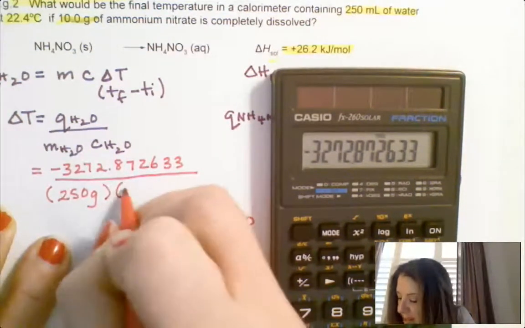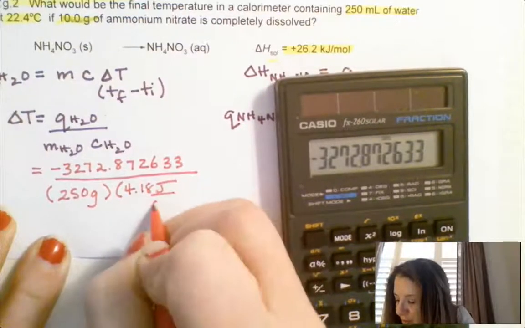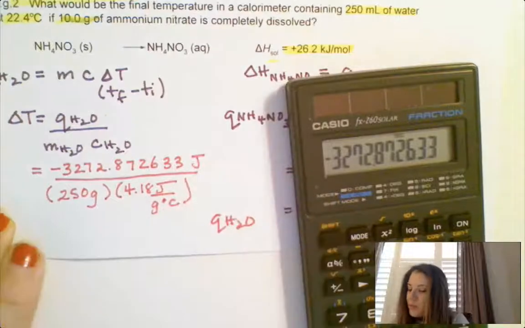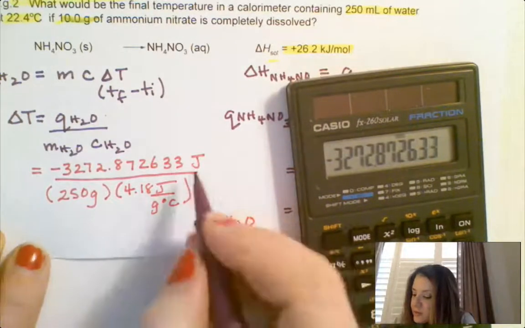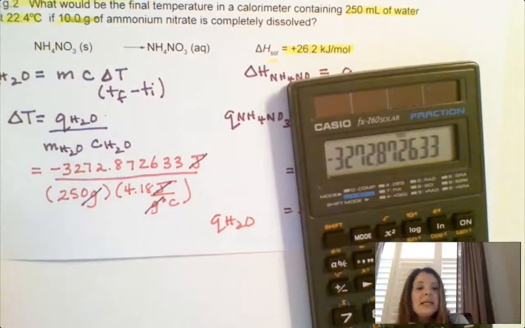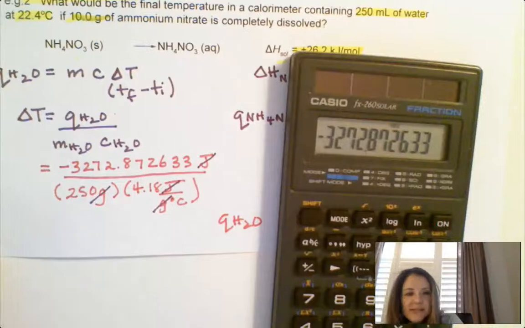The specific heat capacity is 4.18 joules per gram degrees Celsius. You can see here, joules cancel out, grams cancel out, and your delta T is going to be in degrees Celsius.